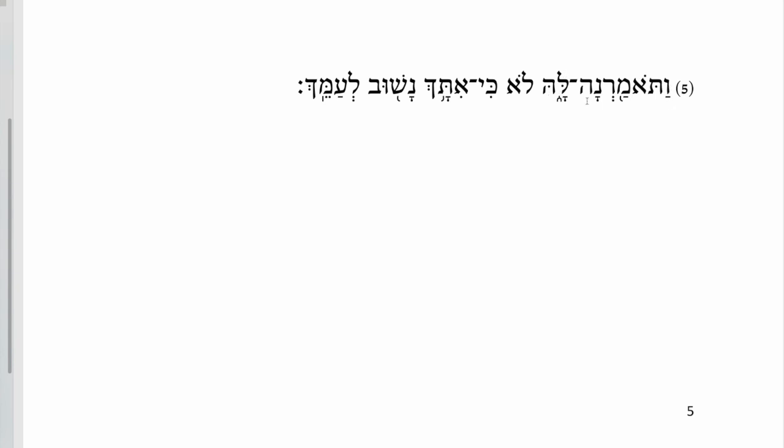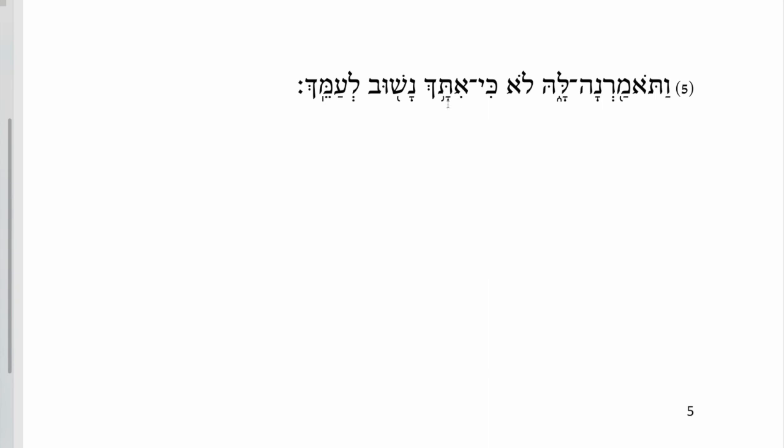So, and they said to her, lo, do not, ki, for, itach, and this is with. If this had a holem over it, it would be an object marker. We have an aleph and a tav, right? That's our marker of the direct object. If we had a holem here with an object suffix, that would be object. But instead we have an I here, a hireq, which means with.